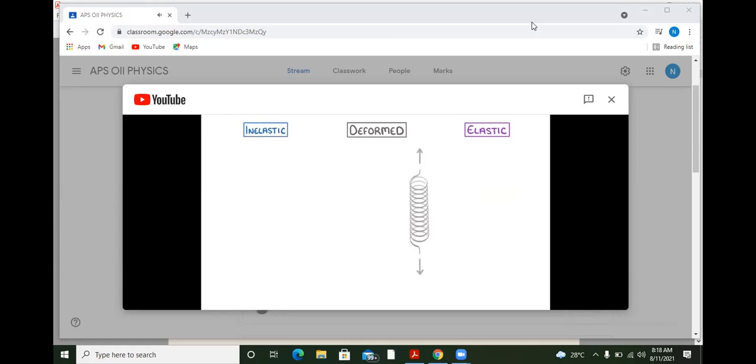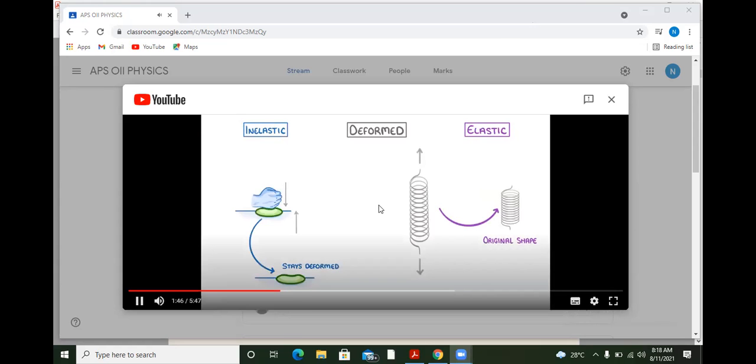Okay. As I have discussed with you, there are two forms of deformation. Number one is elastic and number two is inelastic or plastic deformation. You can see here in elastic deformation, we are taking a spring and when we apply the force, it gets stretched.